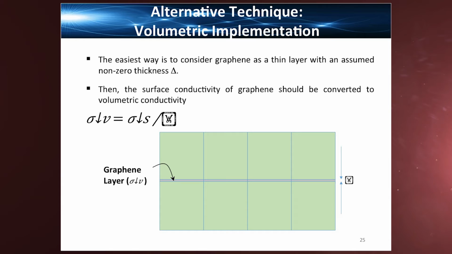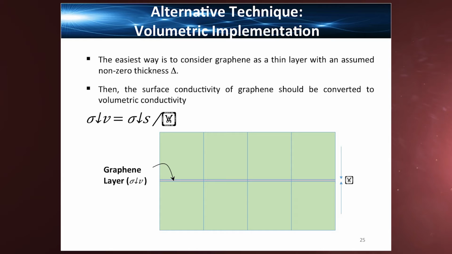But the conductivity of graphene is in-plane. If you convert it to volumetric conductivity, the volumetric conductivity has both in-plane and out-of-plane components.